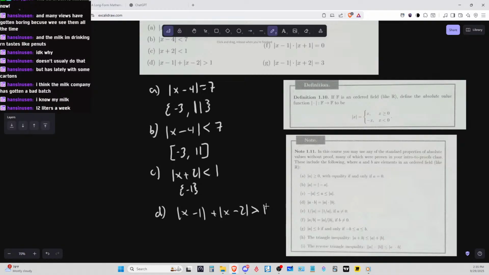Okay, so X minus 1 plus X minus 2 is greater than... Okay, so this will go to 0. And if we have 0 here, then it's 1, 0, that's 2 plus 1, that's 3, that's greater than 1, that fits.